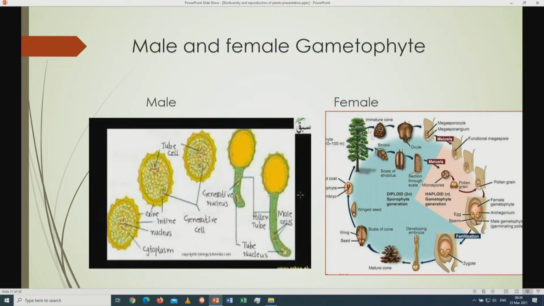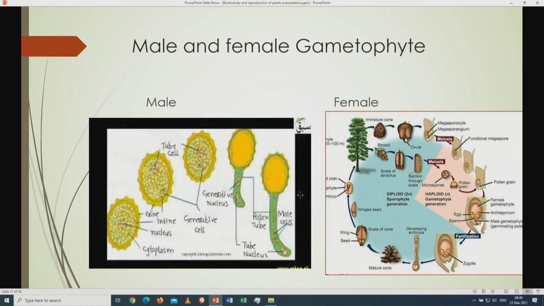So here it's a pine tree, and this is a pollen grain that develops a pollen tube with the male sex organ, and the whole of this structure is called the male gametophyte. And then here it's a female cone.